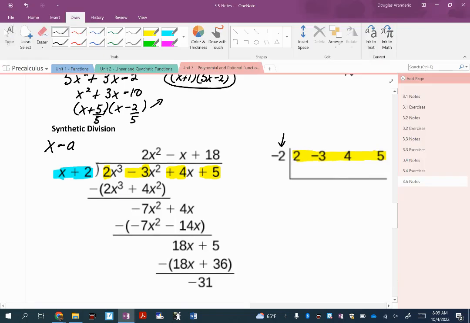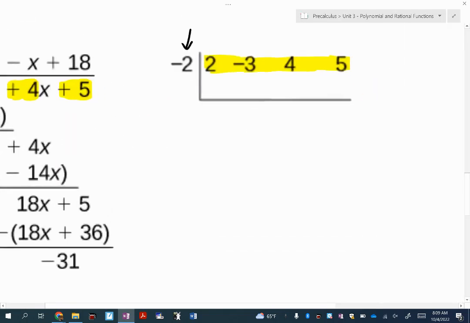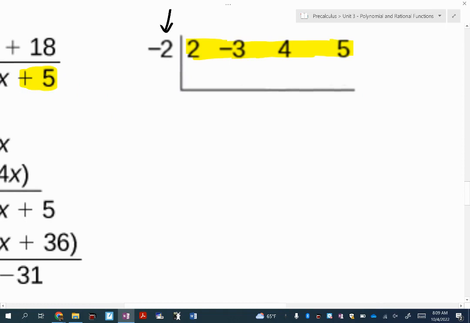So to review how you did this in Algebra 2, you're going to first bring down that leading coefficient of 2. Then you're going to multiply the thing below the line times the number in the corner. So 2 times negative 2 is negative 4. Now, the key thing about synthetic division that's different than long division is that we're going to add. So negative 3 plus negative 4 is negative 7.